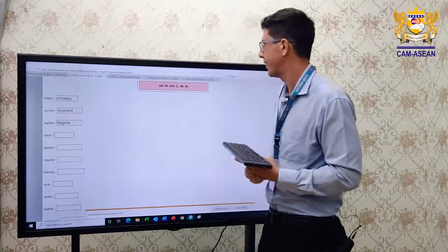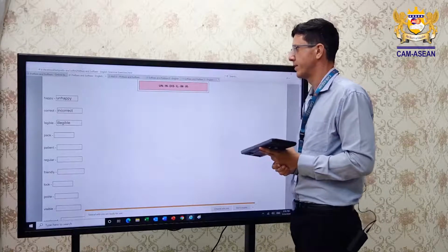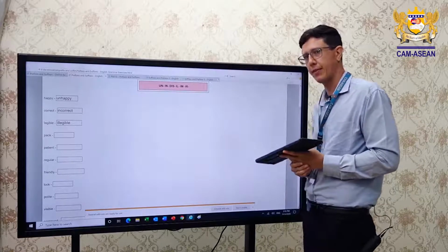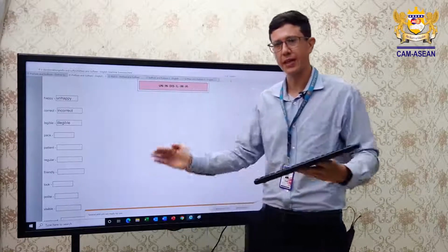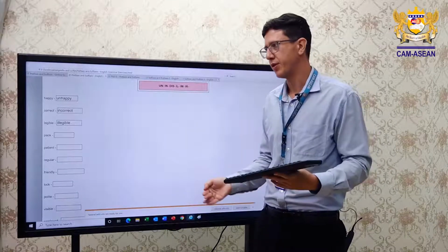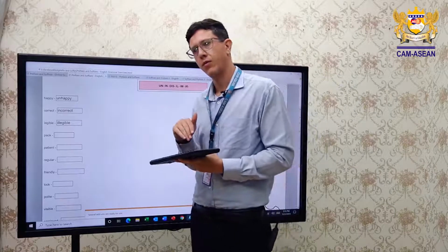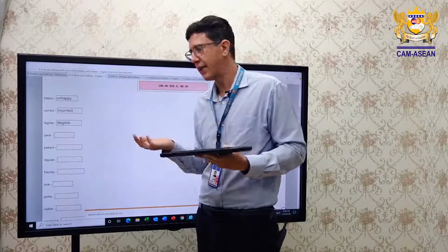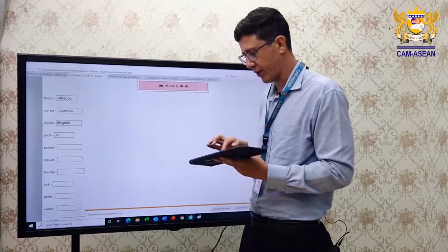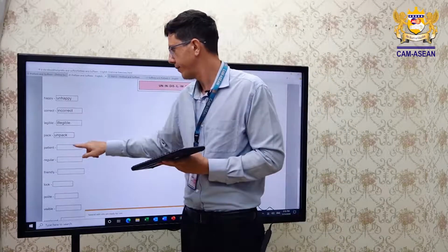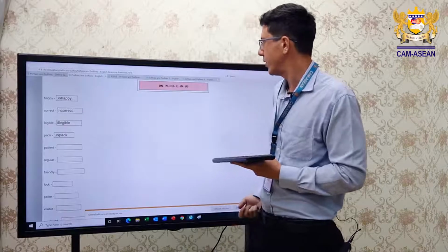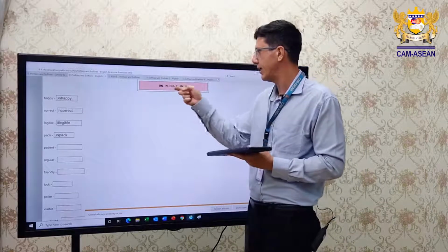Now pack. What do you think? What does it mean? Pack means put something in a specific order, put something away. What we're talking about, ideally, is a situation. Unpack or pack. Ooh, what do we think? In or im.